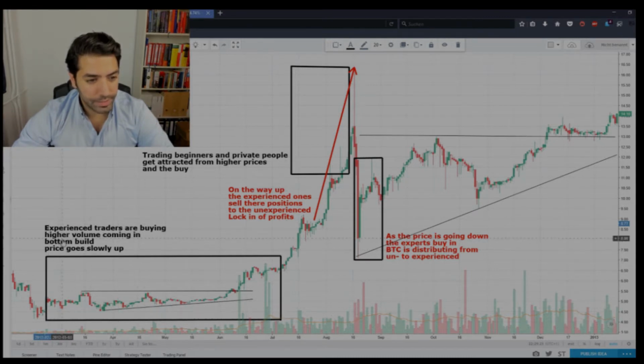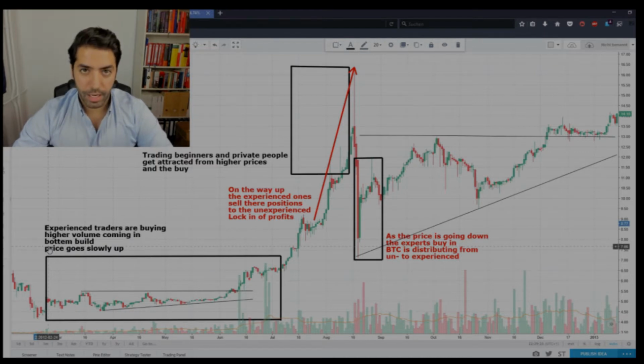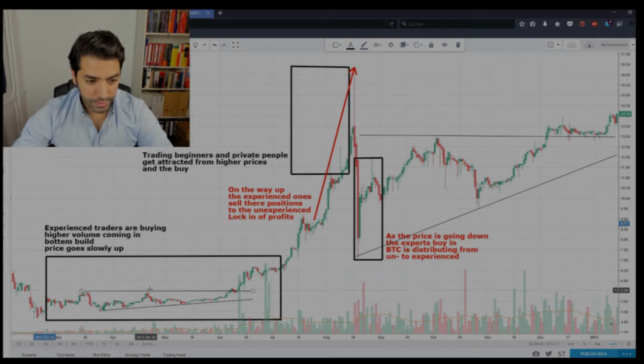In this area here, I wrote it down, the experienced traders are buying, higher volumes coming in. You see here the volume is going up and a bottom is built here. So what you then see is that the price goes slowly up.